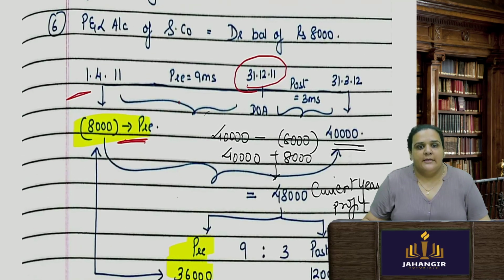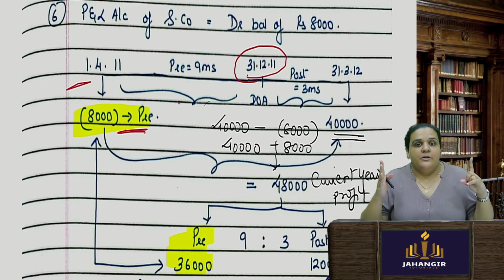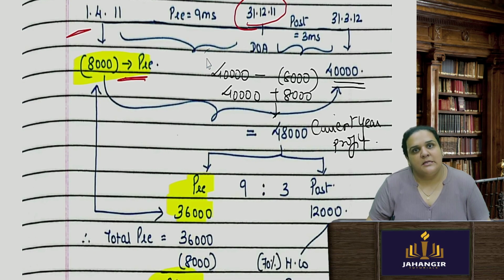Okay, once again I am repeating. Since Vipul Limited, the holding company, has come in between of the year. My year starts 1st April, and Vipul Limited has come on 31st of December. So the entire profit of the current year cannot be treated as post. Even that has to be divided as per the timeline. So timeline says pre is 9 months, post is 3 months.